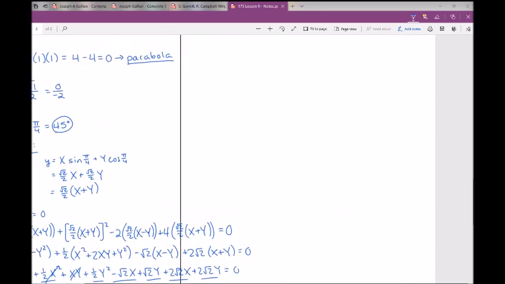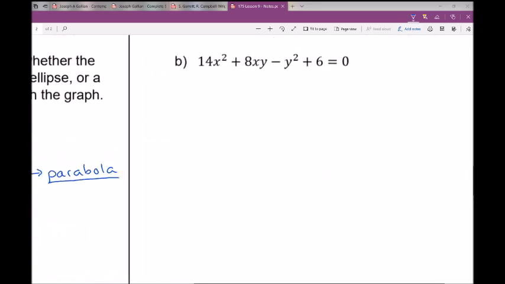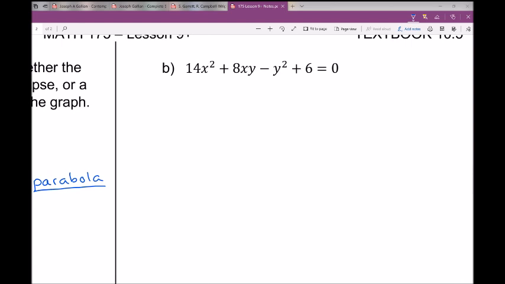Okay, so for the last example, we have 14x squared plus 8xy minus y squared plus 6 is equal to 0. So first, let's classify the equation. So again, to classify, use your discriminant. So b squared minus 4ac.